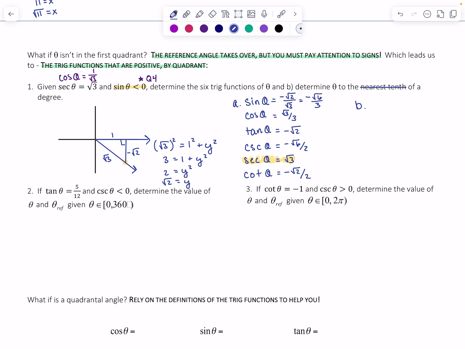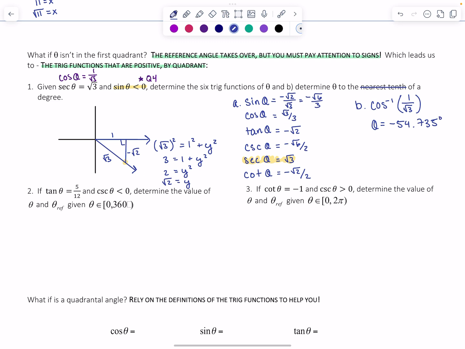So we know that we could take our inverse cosine of 1 over square root 3. Therefore, we get that theta is equal to negative 54.735 degrees.